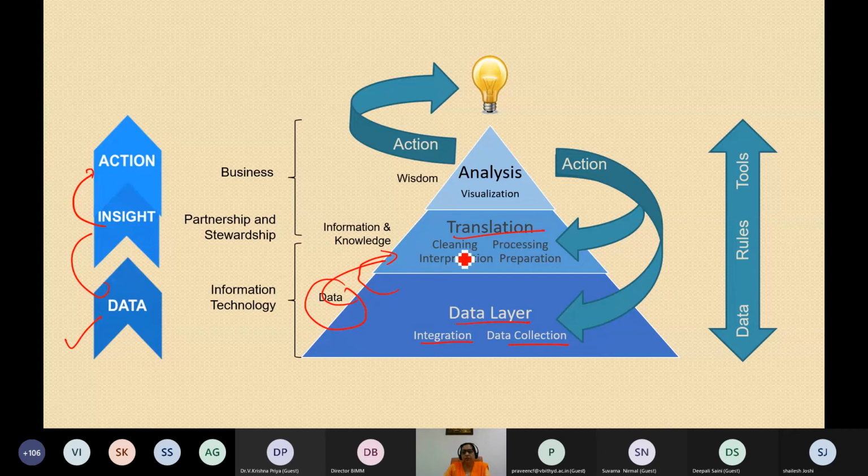So translating the data through cleaning the data, processing the data, interpreting the data, and preparing the data for usage.